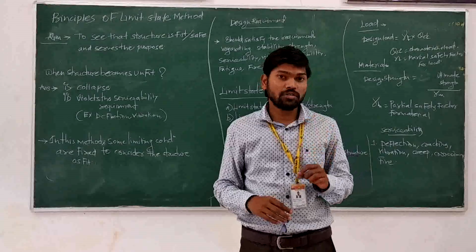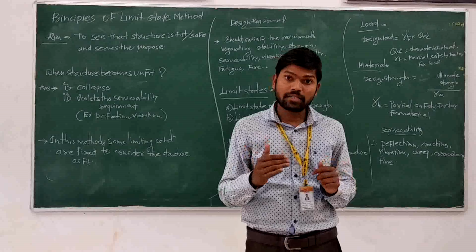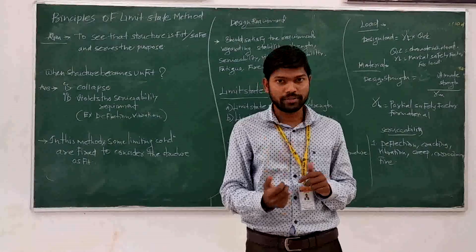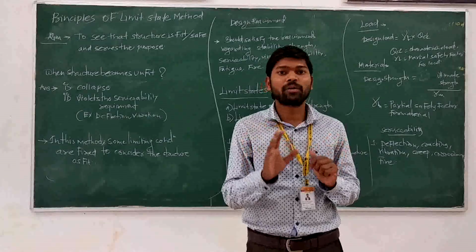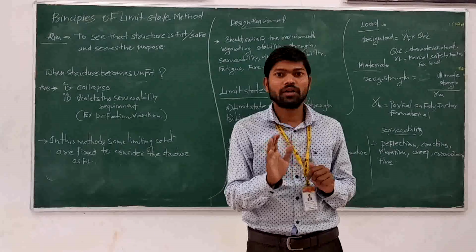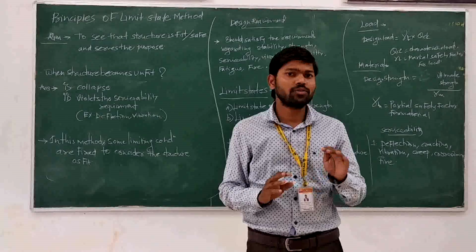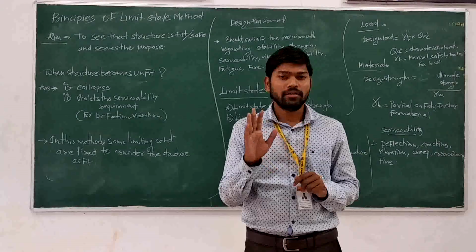Such deflection will affect the appearance of the classroom. At the same time, it will develop a fear of failure among the students. The classroom will not serve the purpose for which it is constructed. So this is called serviceability requirement. Students will not sit in the class without fear.